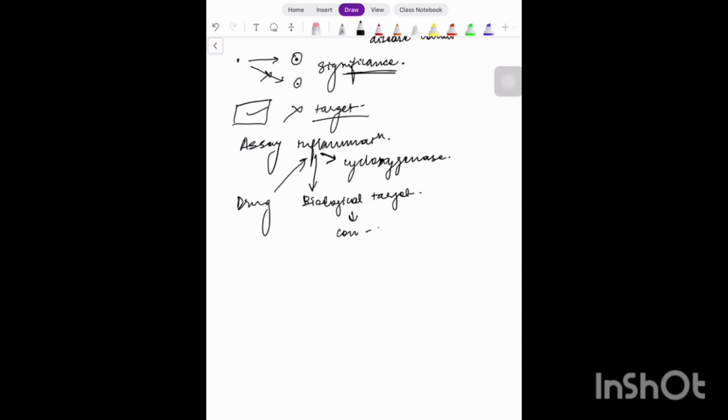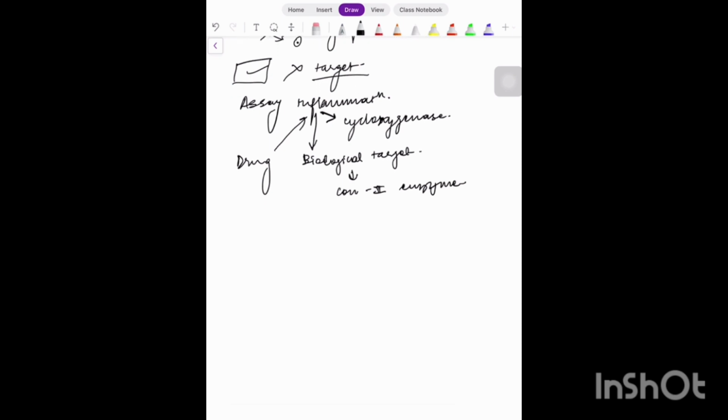Then it becomes a very specific drug target, and designing the molecule becomes relatively easy. There can be many pathways or enzymes responsible for inflammation, but I am interested in the COX-2 enzyme.